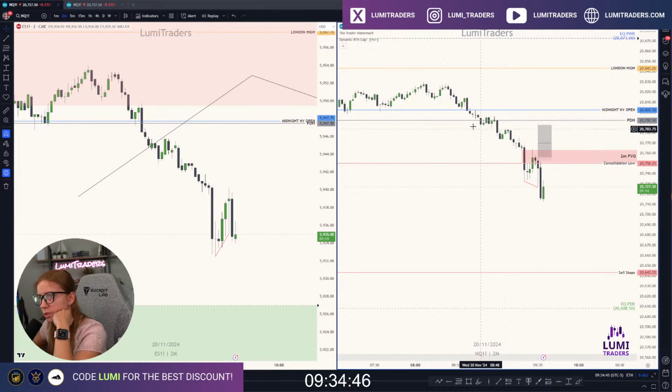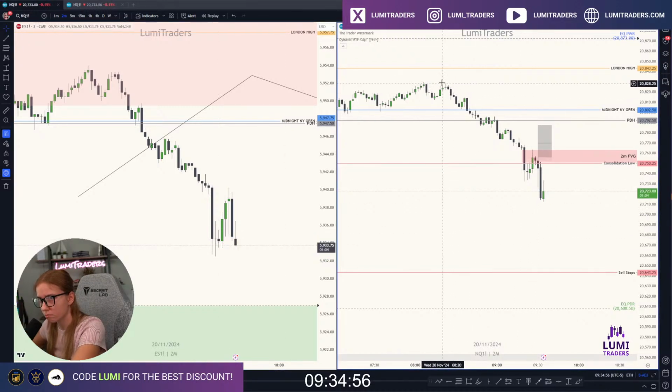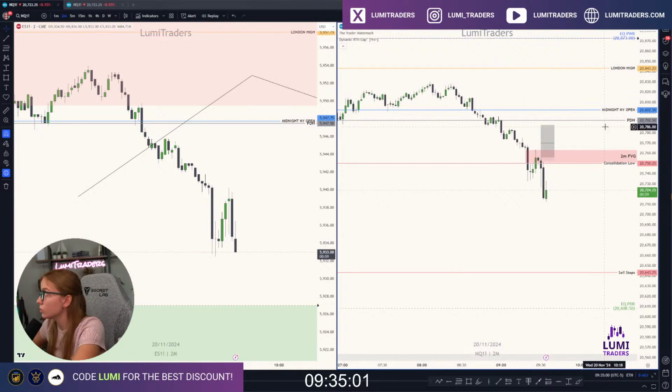Especially with how price respected every single order block right here. Just need to enter a PD array to consider reversal. I guess these levels can be taken easily. Low and high look good to me. Just need to wait a little bit more.